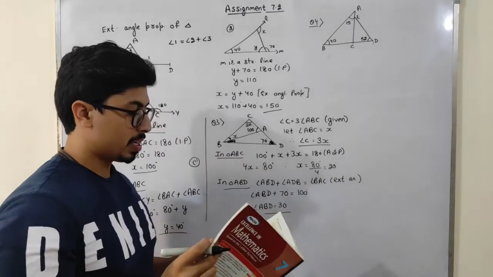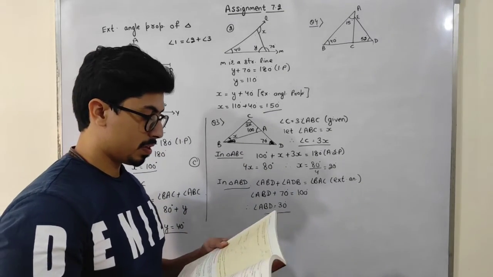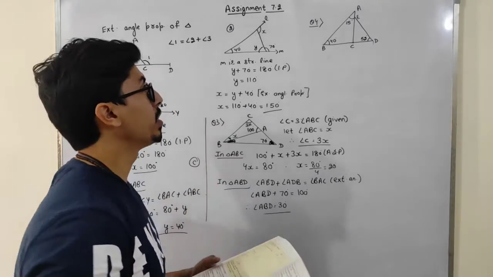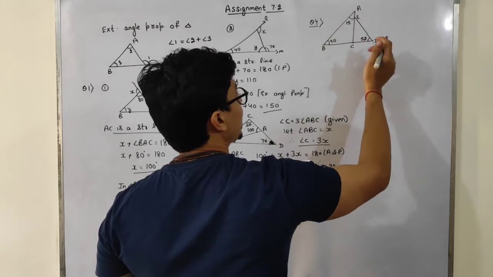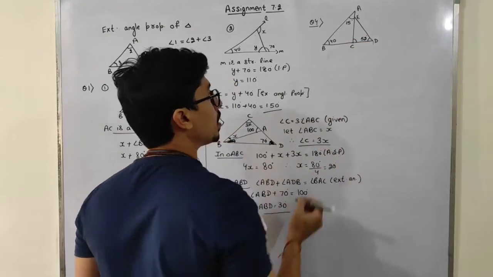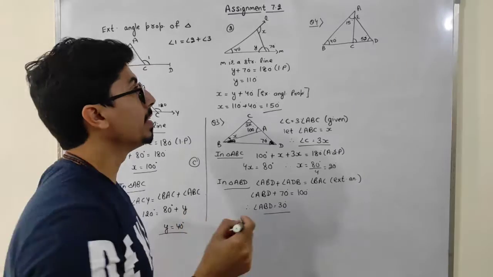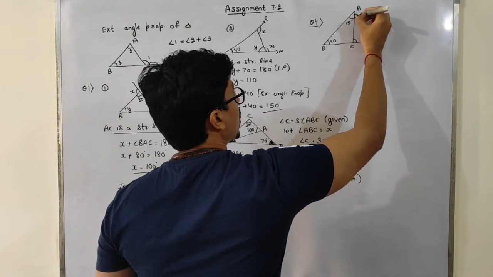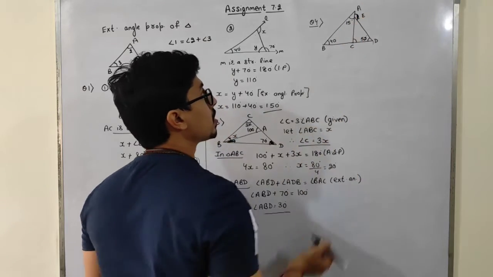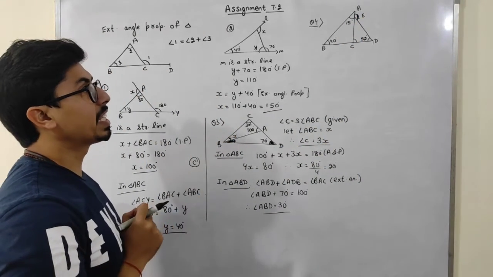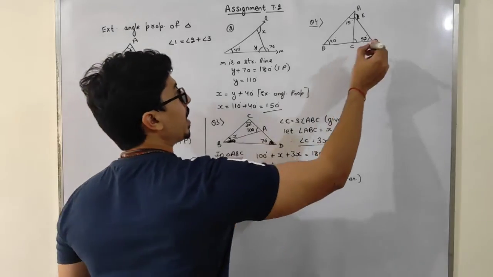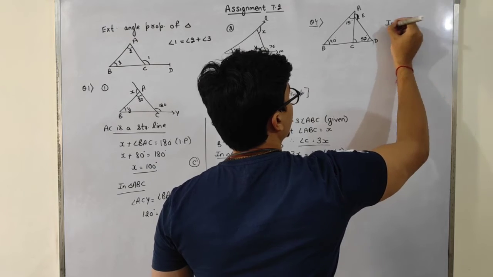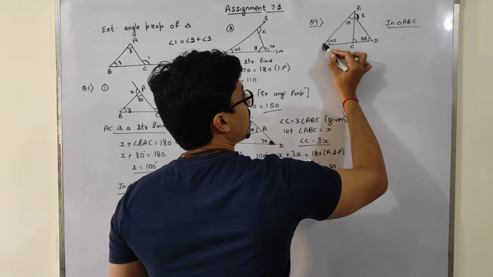Now, see. We have to find out angle ACD, students. ACD, that means I have to find out this angle. And AED, that means this angle. I have to find out these two angles. So see, students, if I take triangle ABC, I am taking this triangle, students.